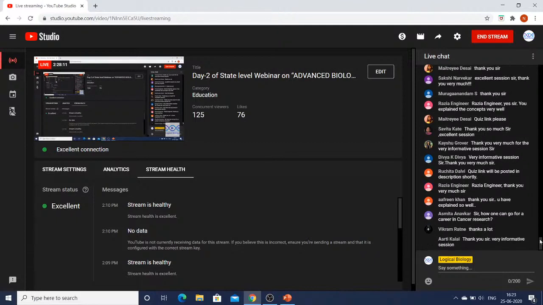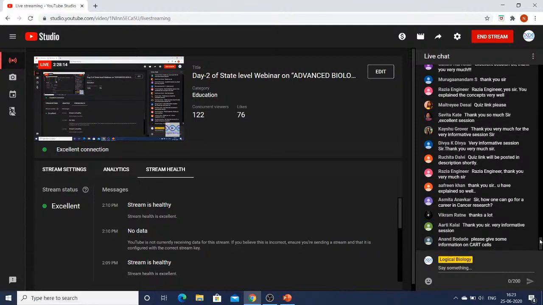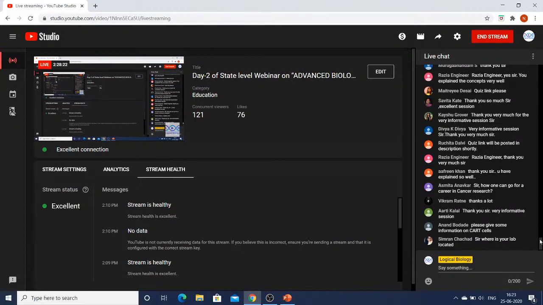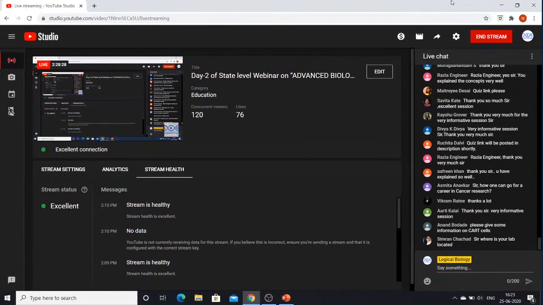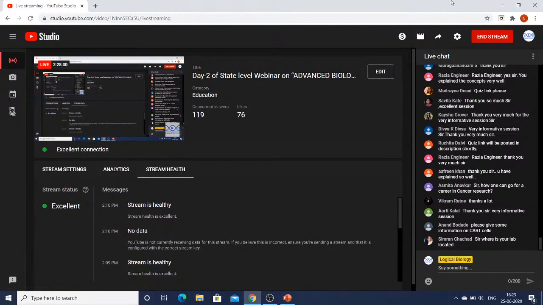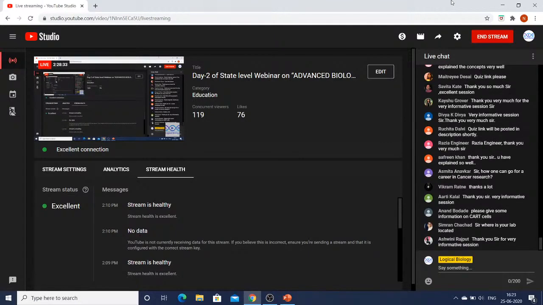That is my advice to every person who is interested in cancer research: start with that book, read all the chapters, and then join a lab to learn the technology like apoptosis analysis, cancer cell culture, and all these things. So these are two steps which are very important. One is reading that book, and second is learning some techniques, and then you will actually get to know whether you are made for cancer research or not.